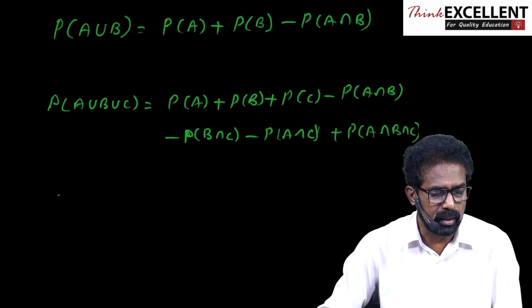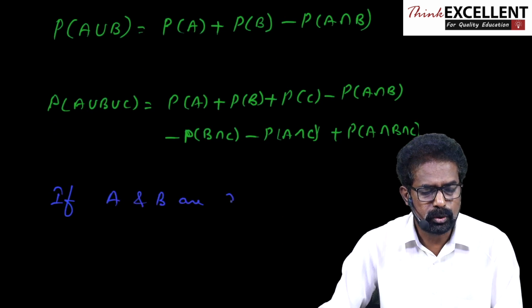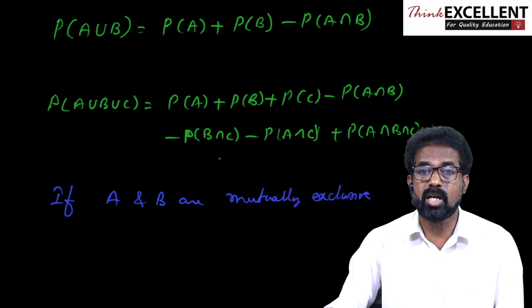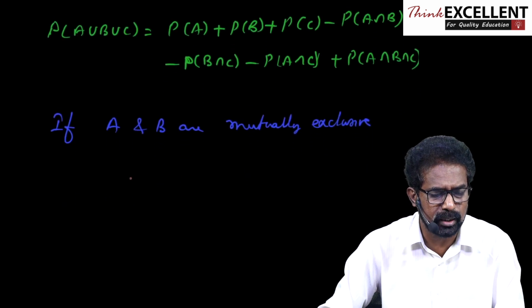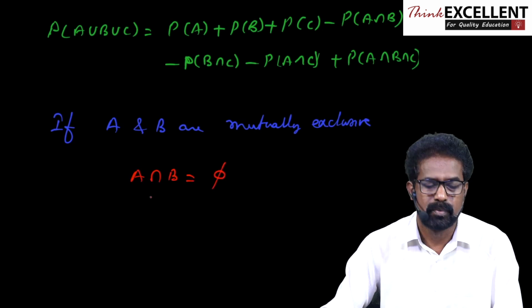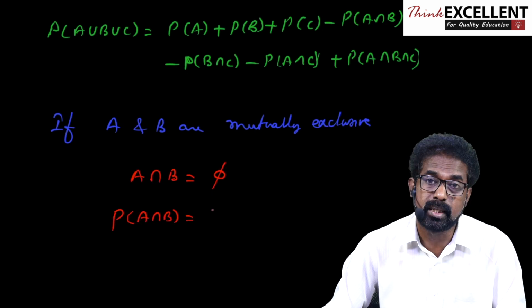Then another important thing: if A and B are mutually exclusive, in sets we call it disjoint, nothing is common. A intersection B is empty set, right? If A and B are mutually exclusive, A intersection B is equal to empty set, nothing is common. Probability of A intersection B means it will be probability of empty set.